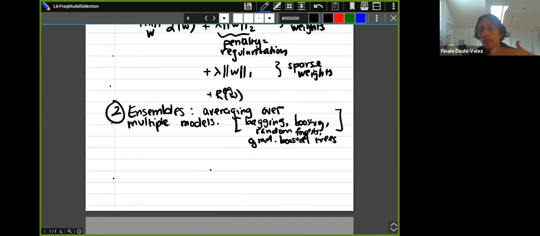So by averaging over models, we're getting closer to that F bar rather than F data. As long as F bar was good, as long as we had a sufficiently expressive class when we put things together, then we can still do well on our prediction. So that's an intuition for ensembles and why ensembles can do well.